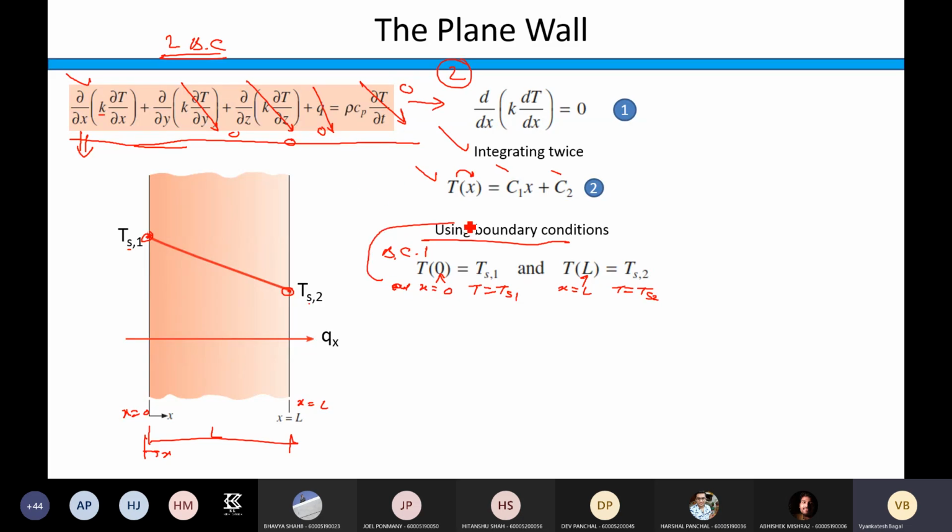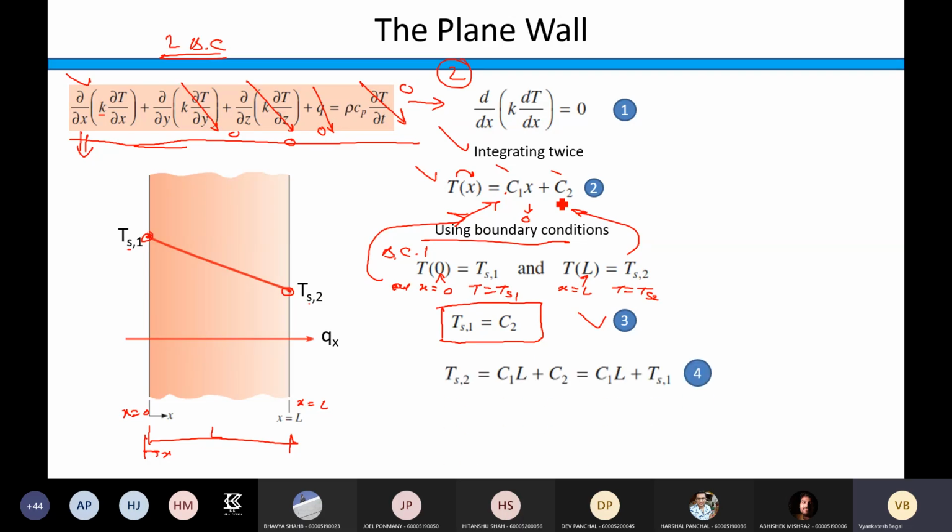If you use the first boundary condition in equation 2, x will be 0, then C2 will be simply T, and that T is nothing but Ts1. So C2 is equal to Ts1. Now if you use the second boundary condition along with the value of C2, which is Ts1, then what do you get?